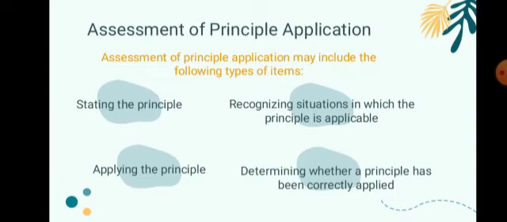Assessment of principle application may include the following types of items. First is stating the principle, second is recognizing situations in which the principle is applicable, third is applying the principle, and fourth is determining whether a principle has been correctly applied.